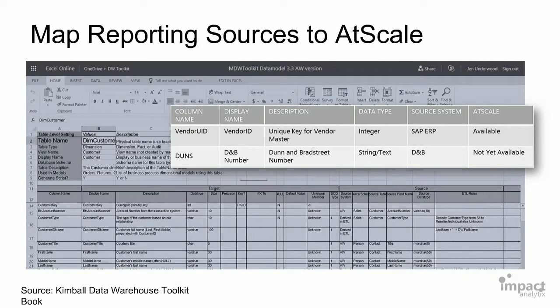Mapping reports to AtScale. So the next thing you're going to do once you do a model, as we keep progressing down our migration path, is look at the sources or what you want to develop reports on, and then point to that AtScale data model that you've developed. And there you're going to find any gaps.